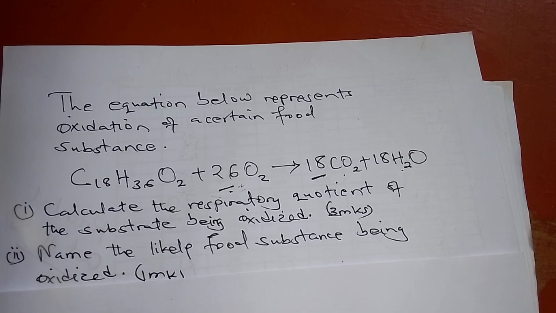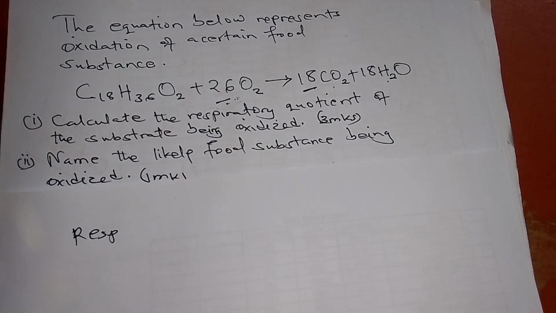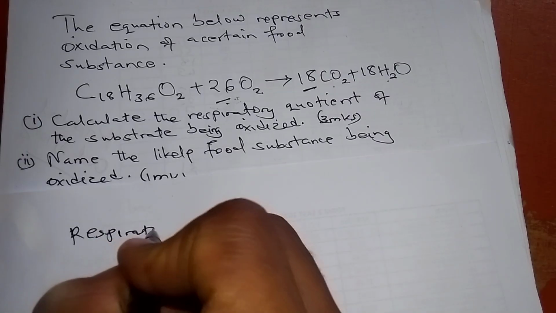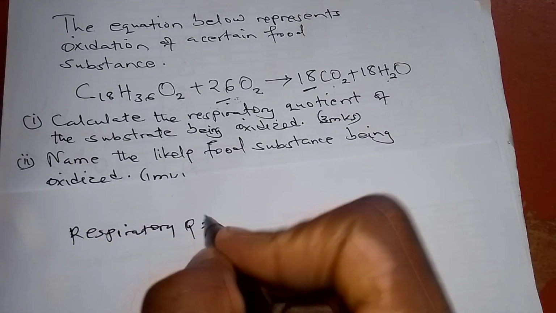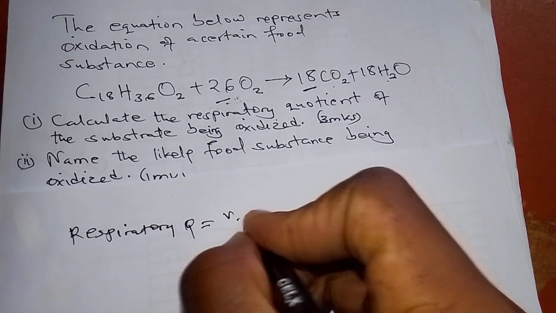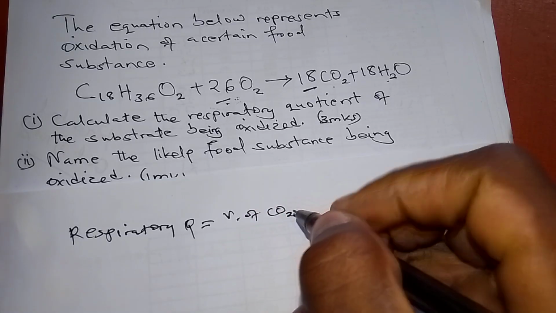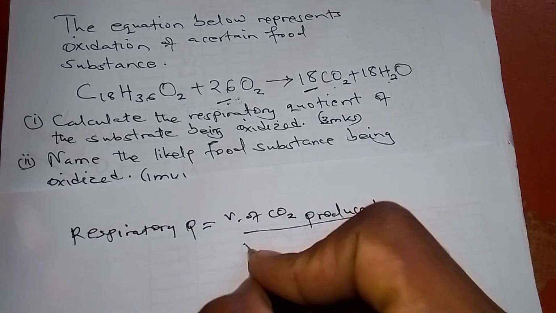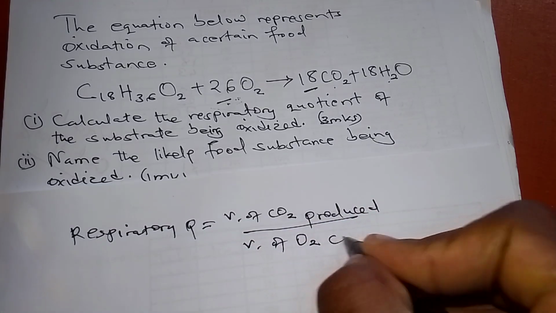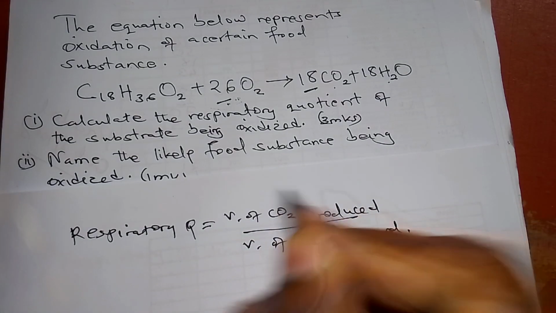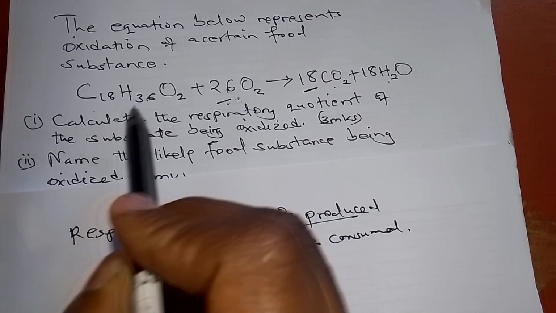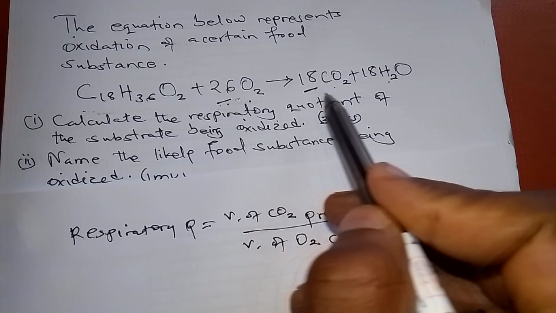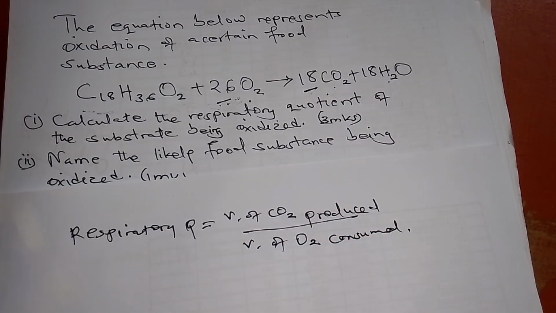Respiratory quotient is equal to volume of CO2, carbon dioxide, produced, all over volume of oxygen consumed. Let us refer back to our equation. All these on the left hand side are consumed, while on the right hand side they are produced.